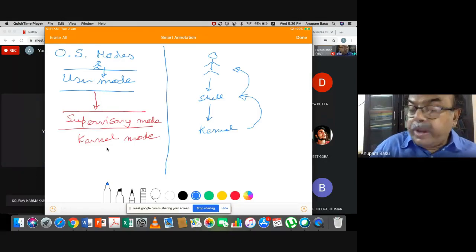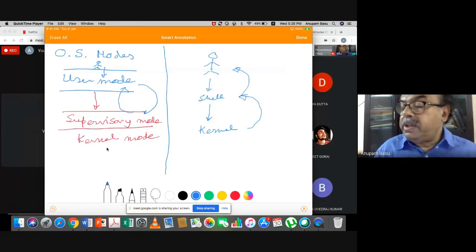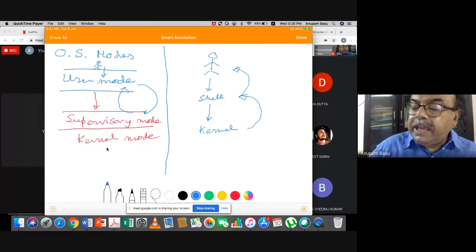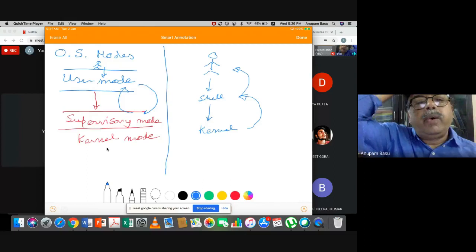We need some ways and means by which we can switch between these two modes. That is required for a number of reasons, for privacy and many other things, which we will take up in the next class. I'm giving you 3 to 5 minutes to place any query that you have right now.